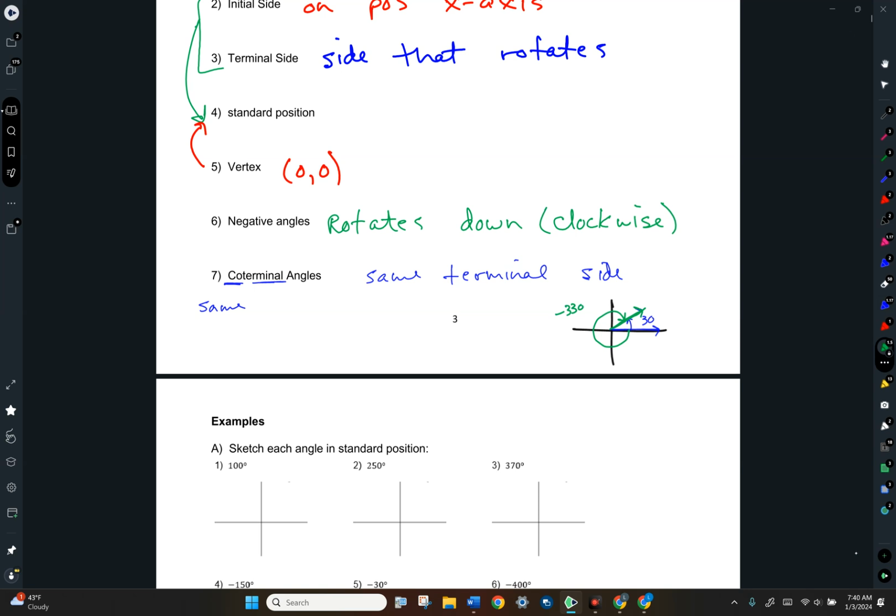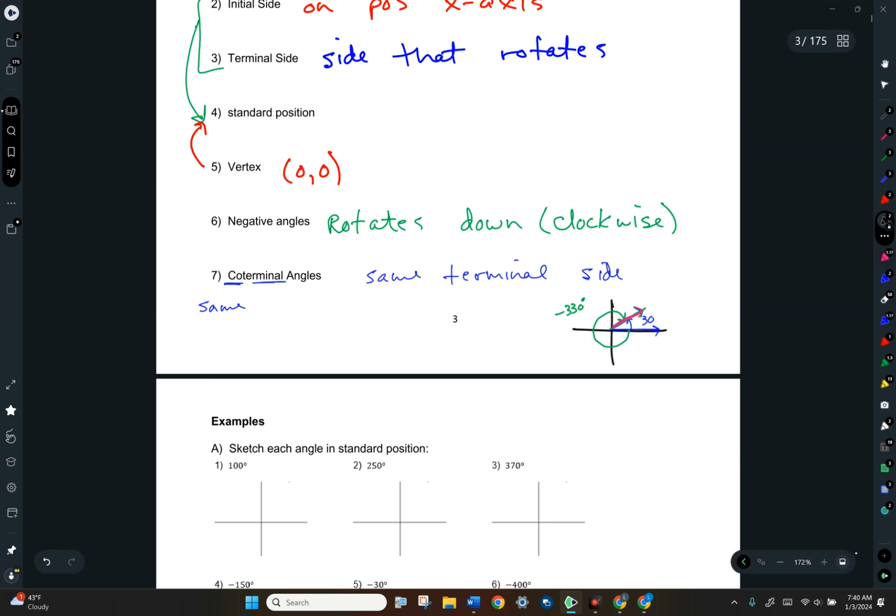So would you agree that a negative 330 and a positive 30 are going to land right there at that same terminal side? So we would say a negative 330 and a 30 are coterminal angles. Now, in order to have coterminal angles, you don't have to have a positive and a negative.